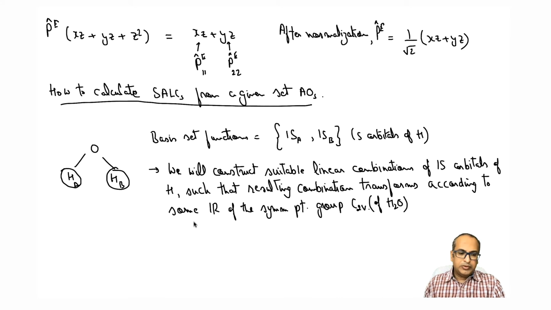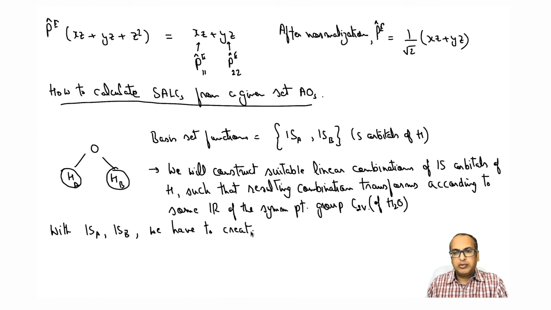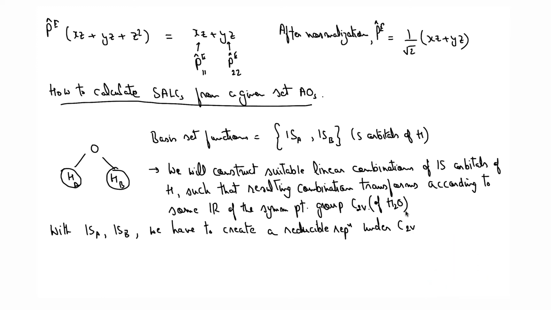Okay. So now first, with 1sA and 1sB, we have to create a reducible representation under C2V. How do we do that? That is very simple, and we have seen that. If we apply E onto 1sA, 1sB, what do we get?